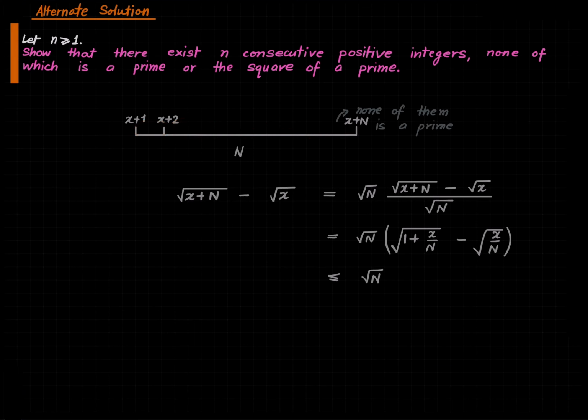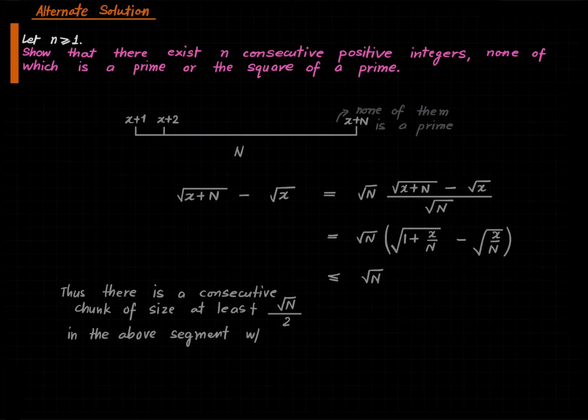So one bound that works, but not the optimal bound, is as follows. One can find a consecutive chunk of size at least root N by 2 with no perfect squares in the above segment, and hence no perfect prime squares, with no squares of a prime.